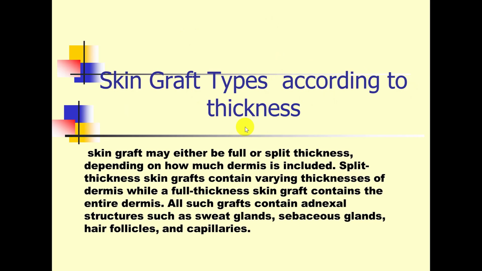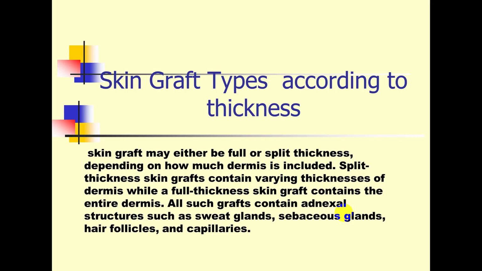Skin graft typing according to the thickness. If it is a thick layer of the dermis, we consider it a thick graft, which is the full graft. While the split skin graft depends on a very thin layer of the dermis and contains variable thickness, depending on the thickness of the skin we take from it.